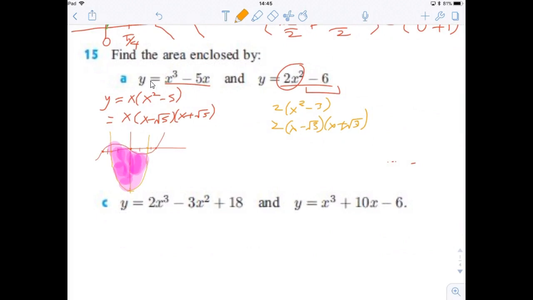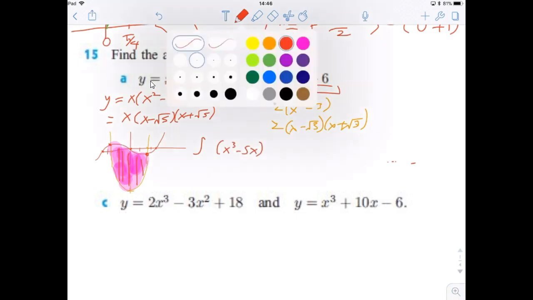The easiest way to do that, and again, since we get our equations in terms of x, it's better to just use a traditional integral, slicing it in this direction. So it would be integrating from the intersection points, which we haven't figured out yet, and inside we're going to have the top function, which is the red function, minus the orange function, which is the bottom function.